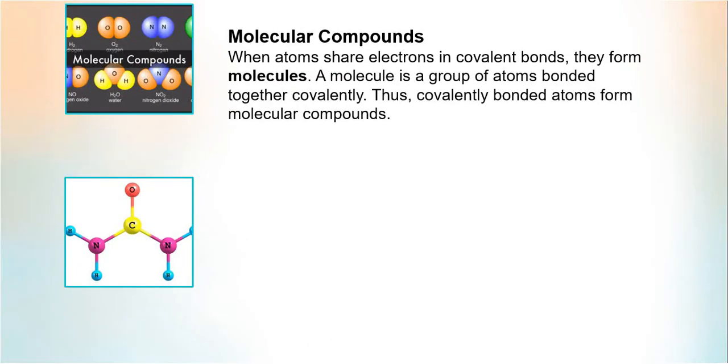Molecular compounds. Molecular compounds are under covalent bonds. When atoms share electrons in covalent bonds, they form molecules. So, kanina na-mention natin yung molecule, no? A molecule is a group of atoms bonded together covalently. Thus, covalently bonded atoms form molecular compounds. Ito yung mga example ng molecular compounds.